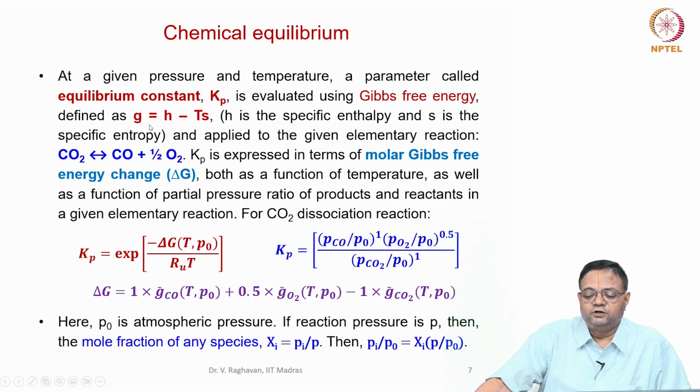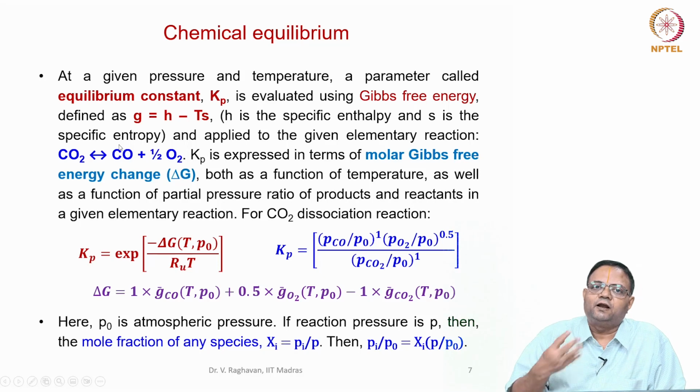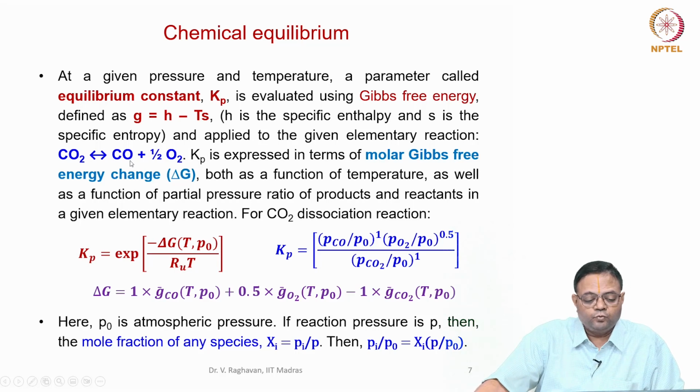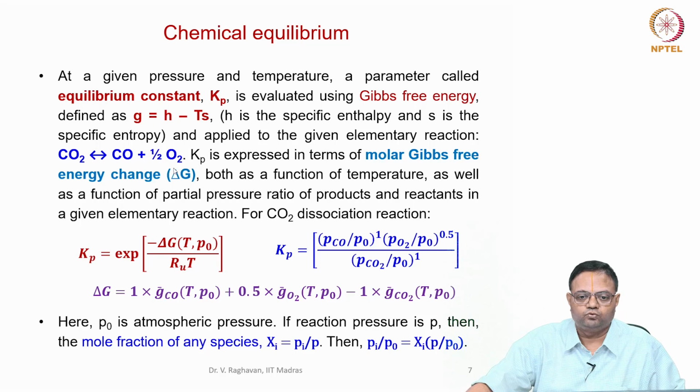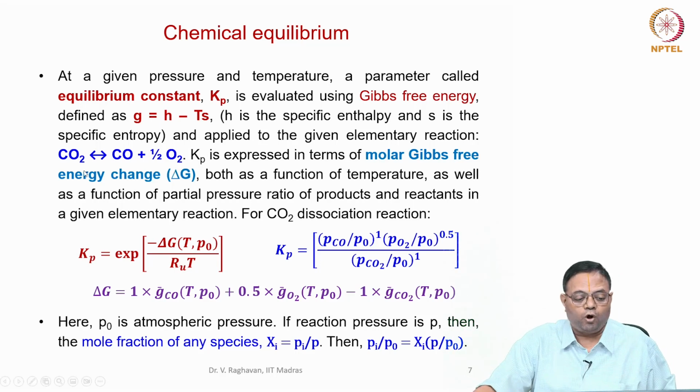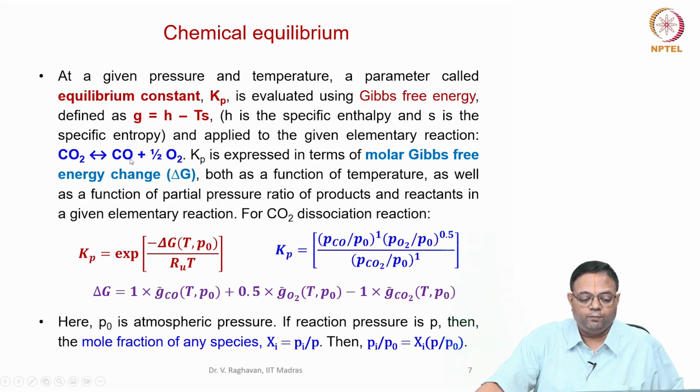So what I do here is, I take this elementary reaction. This is only one example. I can take several elementary reactions which are available to us. For example, in this case I have taken CO2 giving CO plus half O2. At even higher temperatures, say more than 2200 Kelvin, H2O also can dissociate to form H2 plus half O2.